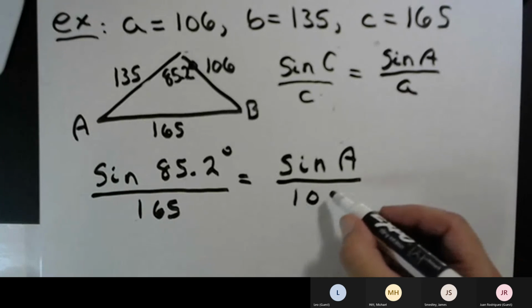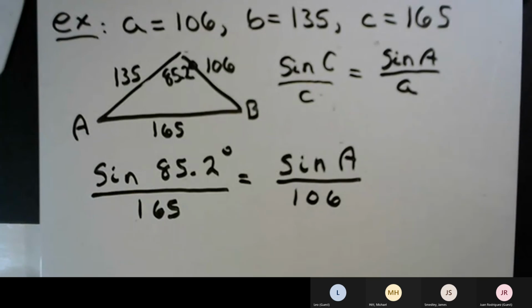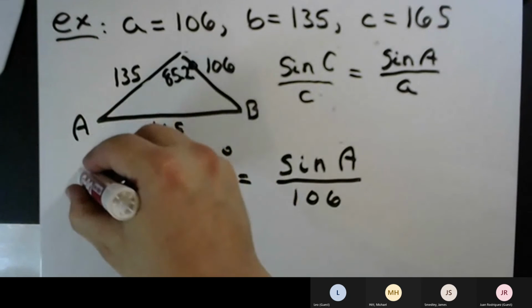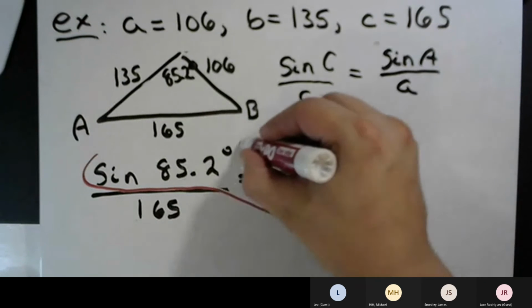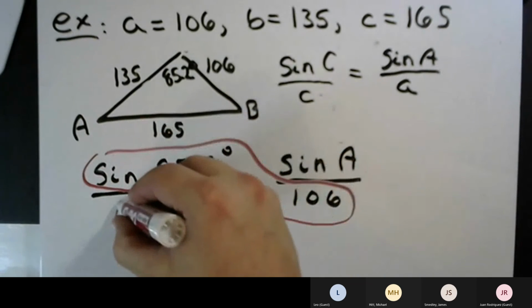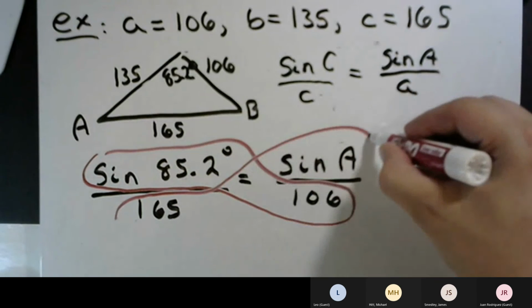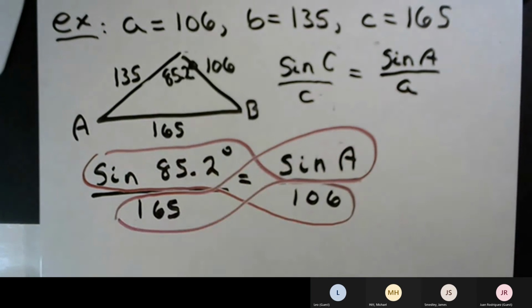The side's 106. And so I'm ready to go about maybe 5 more minutes and we should be done. Apologize for going over time. So again, we're going to cross multiply. We'll get 106.